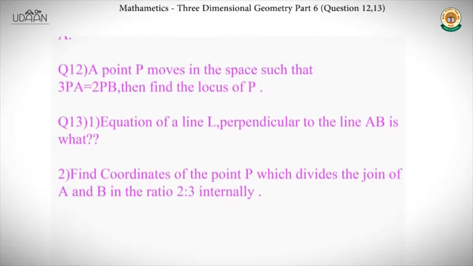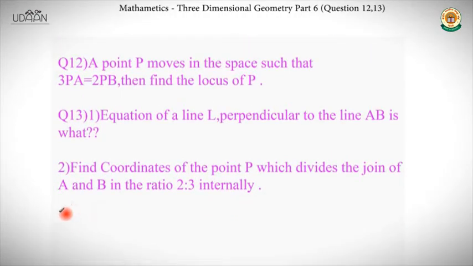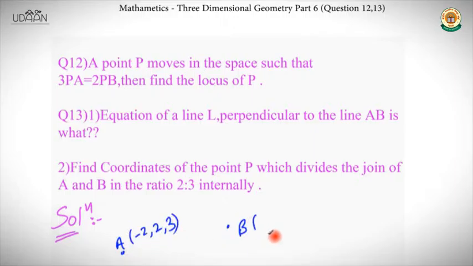So now let's get started with the solution. In the question we are given 2 points A and B. A is given as (-2, 2, 3) and B is given as (13, -3, 13).